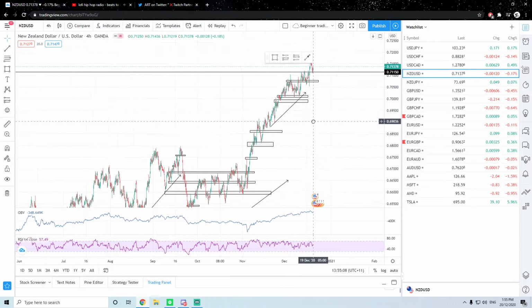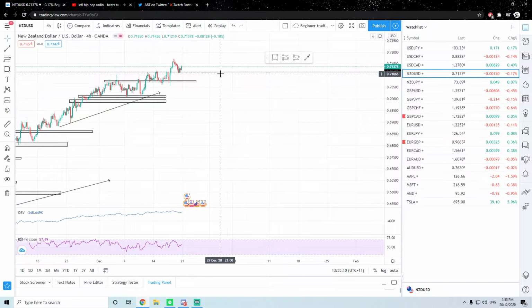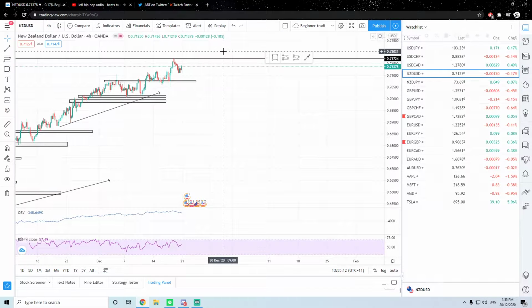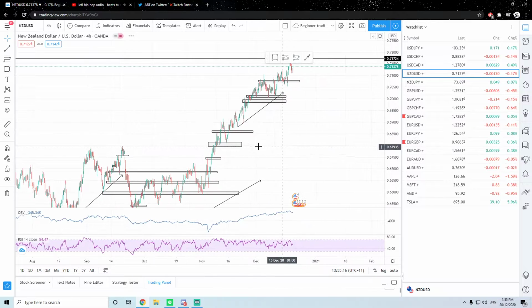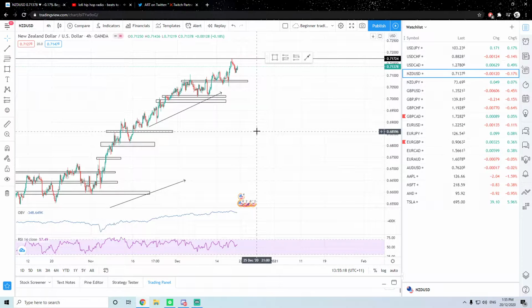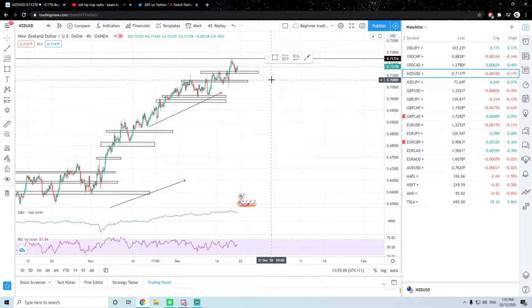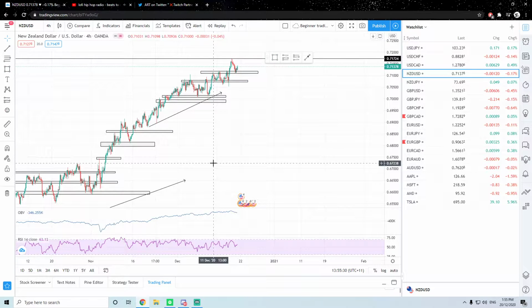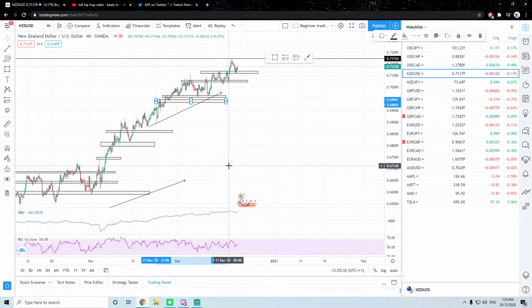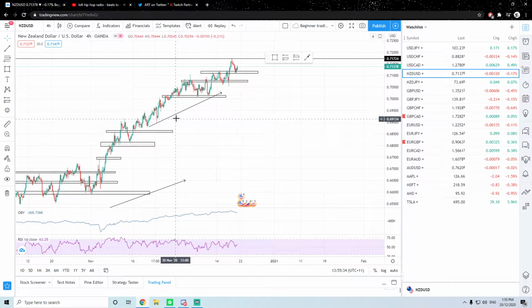Alright, so these pairs here have been extremely annoying to trade, simply because it's just been going up, and I don't really know when. I don't really trust entering on these pairs, mostly because it's just trading at new levels, right? If I don't have any data to base my trading off, then I just don't feel confident entering on it.